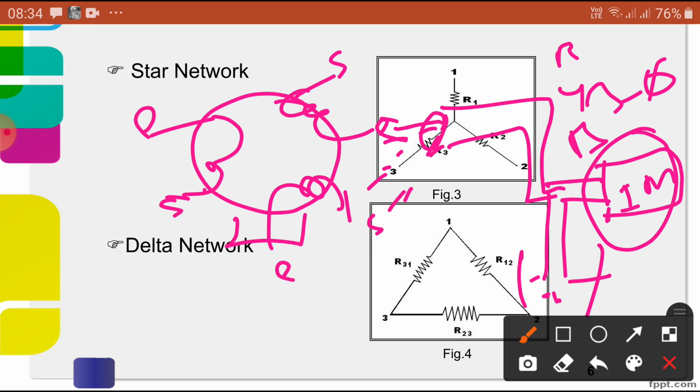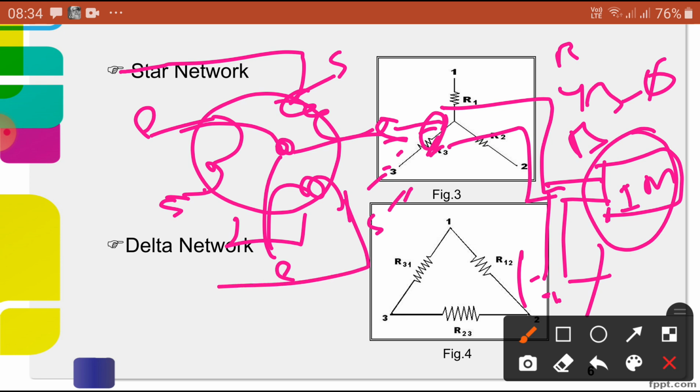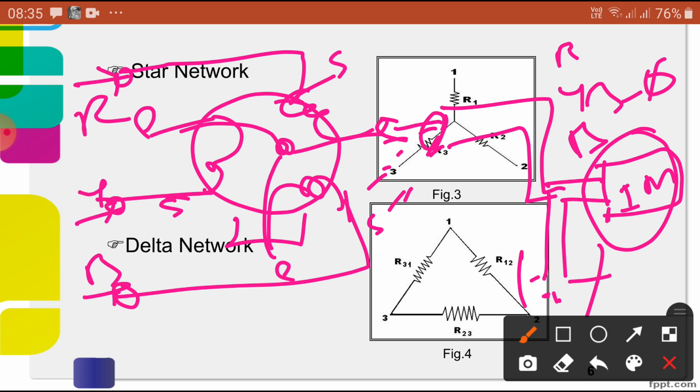Now all the ends, this end and this end and this end, are connected commonly. The remaining, the starting of one coil and the starting of another coil, the starting of another coil, we take out. Now we are going to give the supply to these startings, R phase, Y phase, B phase, as the external connection to our motor.